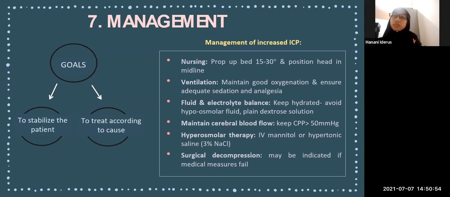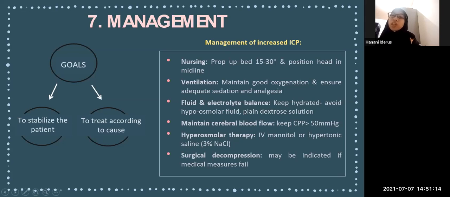Okay. So how we manage increased ICP: the first one is nursing. On the nursing part, we need to put the bed up at a 15 to 30 degree position to improve venous drainage, and we also need to position the head in the midline.